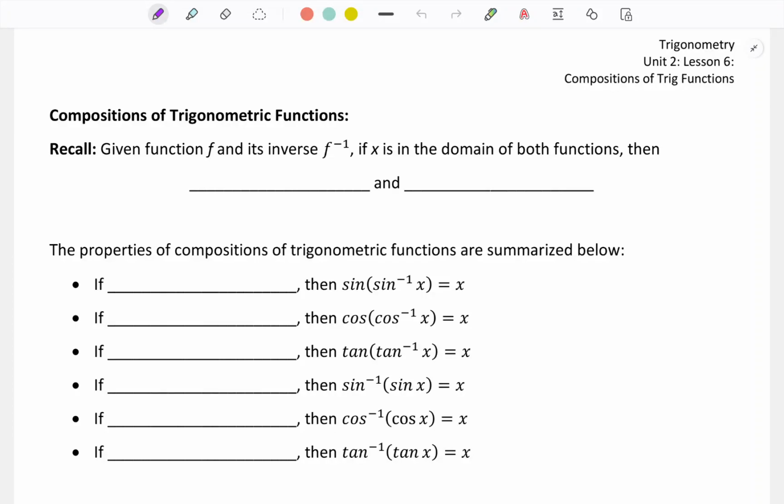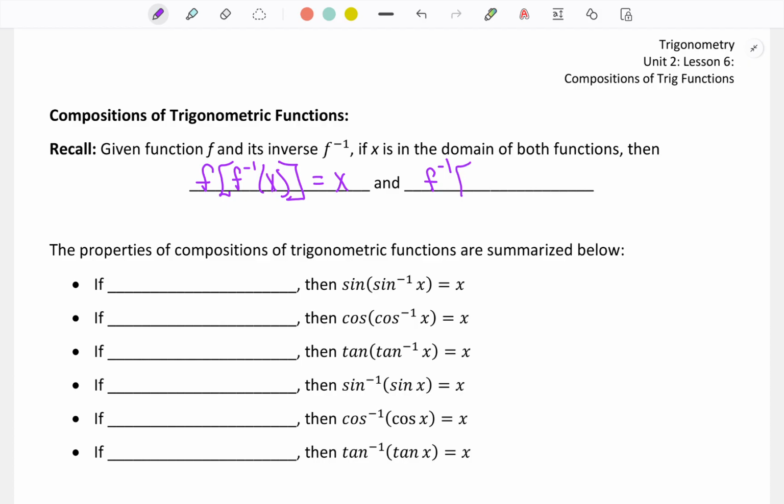So for the last lesson of this unit, we're going to be talking about compositions. First thing, let's recall that given a function f and its inverse, f⁻¹, if x is in the domain of both functions, then f⁻¹ of f of x will just wind up being x, and vice versa.